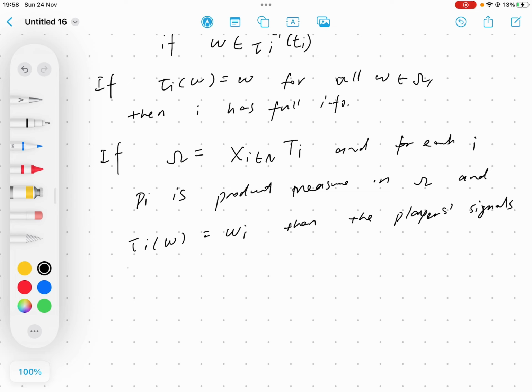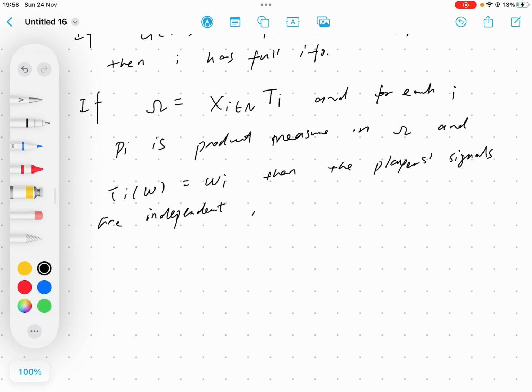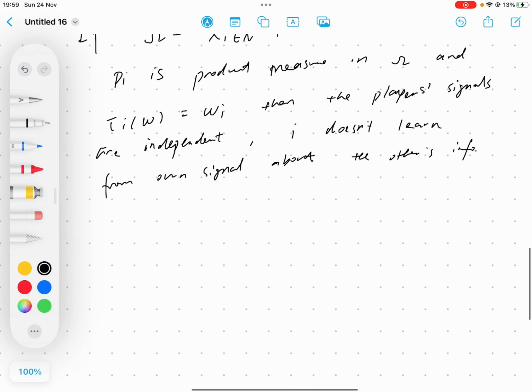Player i, in this case, doesn't learn from their own signal about the other players' information. Good, so those are some little useful results.